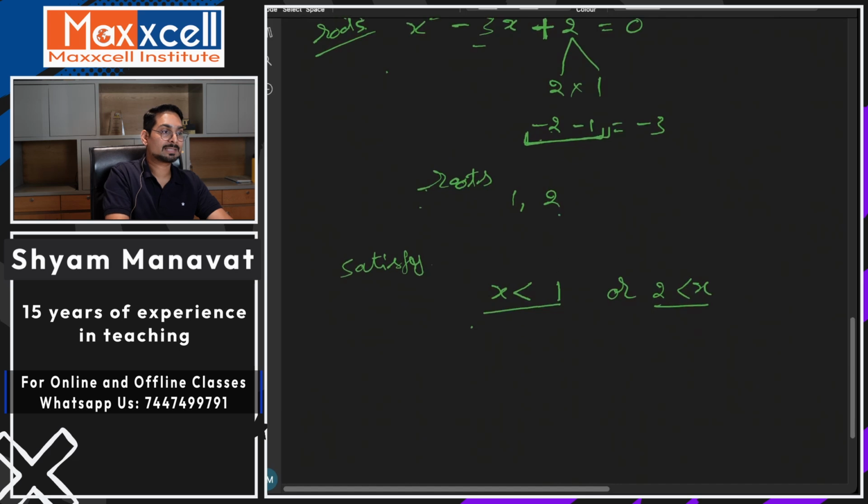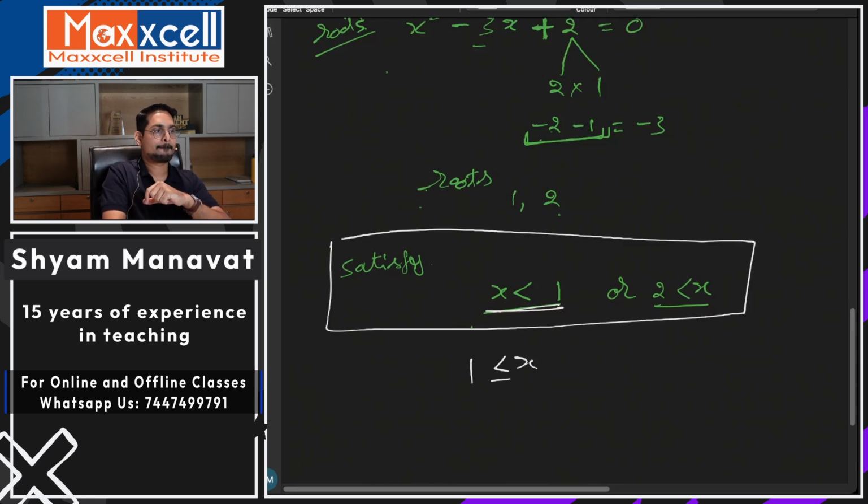So what will not satisfy? For this part, x is more than equal to 1. See here, there is no equal to, so even equal to will also not satisfy. These values will satisfy. Now we want to write what do not satisfy.